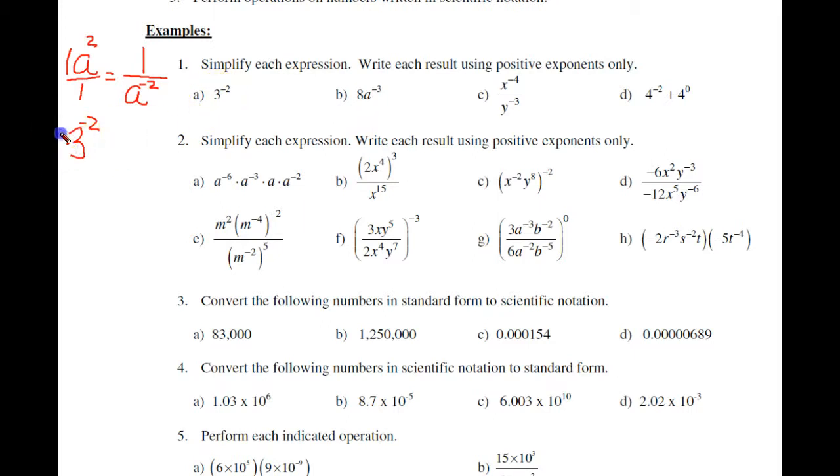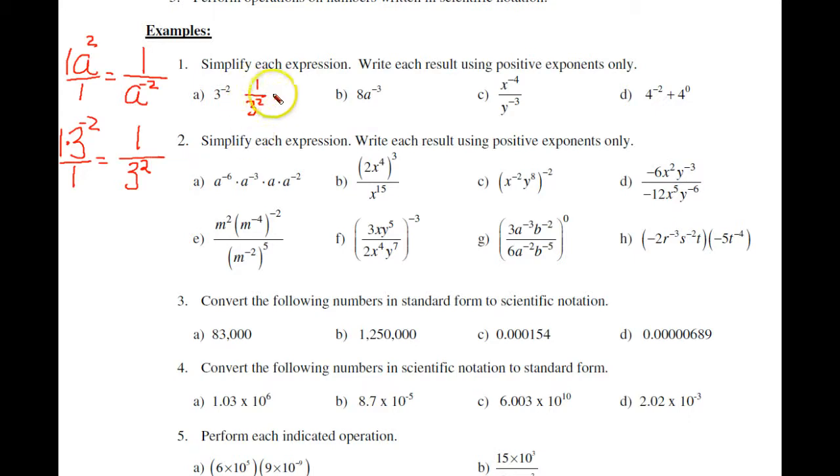Well, keep in mind there's a 1 there also that we don't write, and it's over 1 that we don't write. So we leave the 1 up in the numerator. We now take our base and exponent. As it crosses the division bar, this fraction bar, the sign of the exponent changes, and it becomes this. So this is actually 1 over 3 to the second.